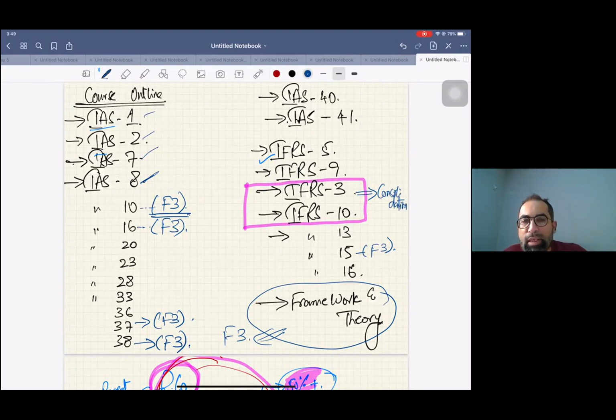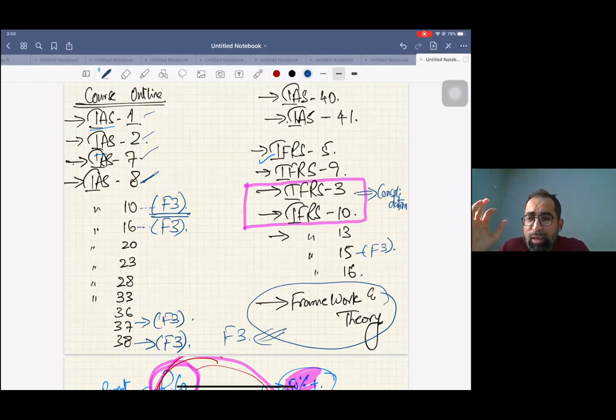These IFRS 3 and IFRS 10 are linked to consolidation, and we will cover these standards while doing consolidation. Right? Now, what's our strategy? How are we going to cover this course? Look at me and listen.